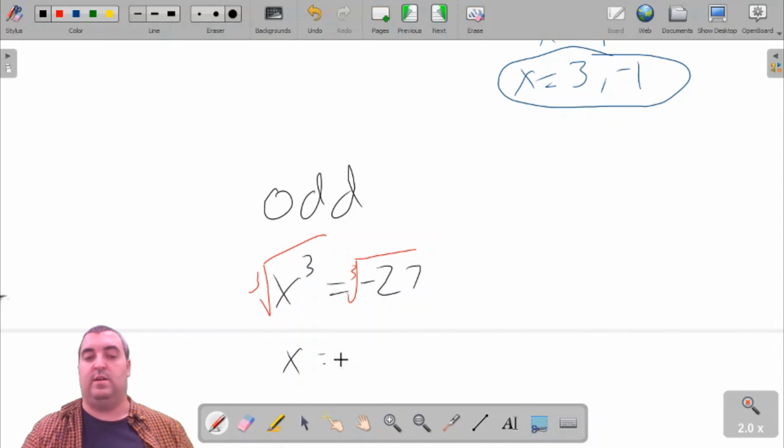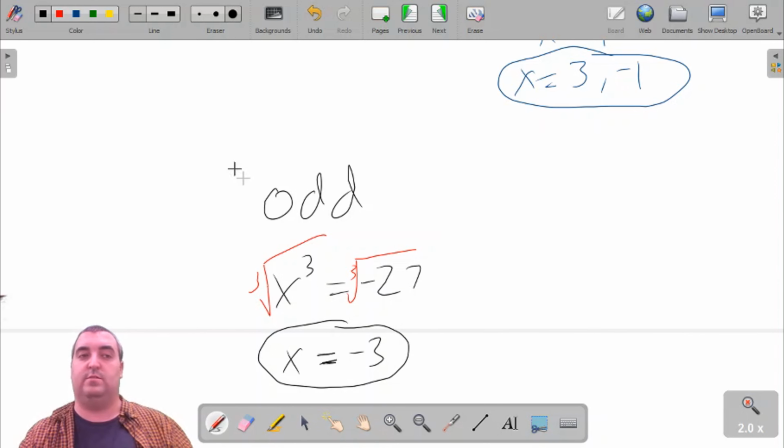So this will end up being x equals negative 3, because the only way of getting negative 27 is if you have negative 3 cubed, because negative 3 times negative 3 is positive 9, times another negative 3 is negative 27. So because it's an odd amount of negatives, we'd end up with a negative answer. So this is actually our only answer here, no plus or minus.